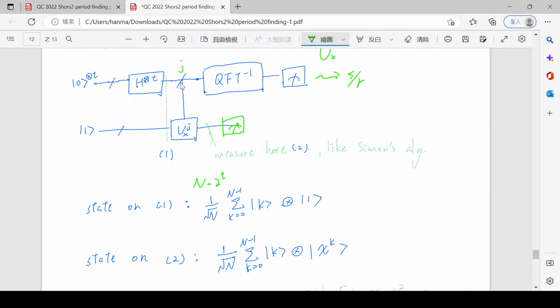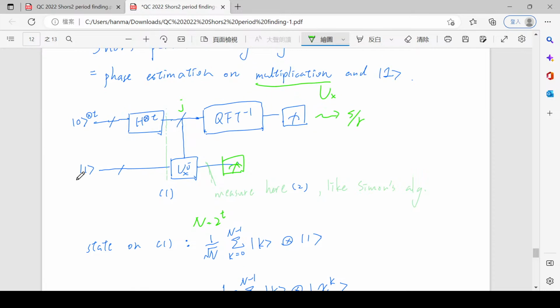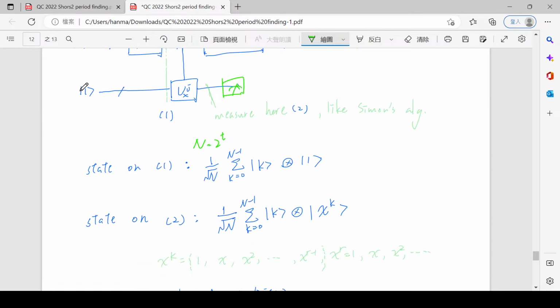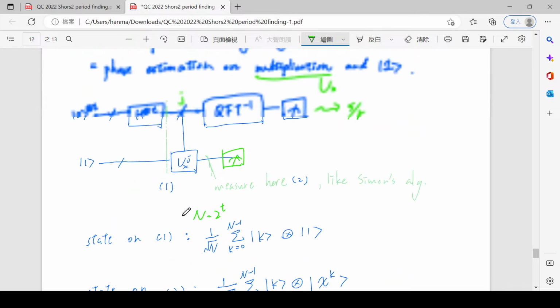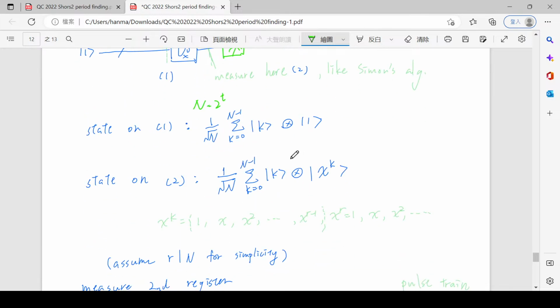So you apply this t-bit control U_x on the second register. Okay? And so now is where things get a little different. Previously we analyzed this by just decomposing this into eigenvectors. But now we skip the decomposing into eigenvectors part. We just think about what happened here. So you apply the multiplication on the second register. Well, you are basically multiplying 1 with x, right?